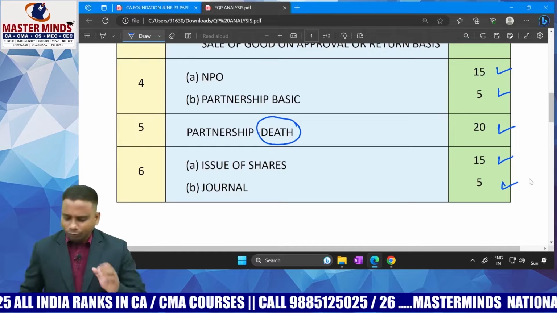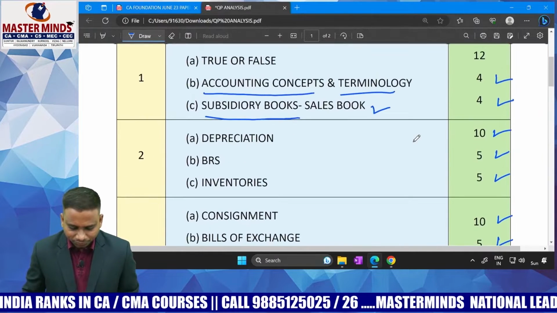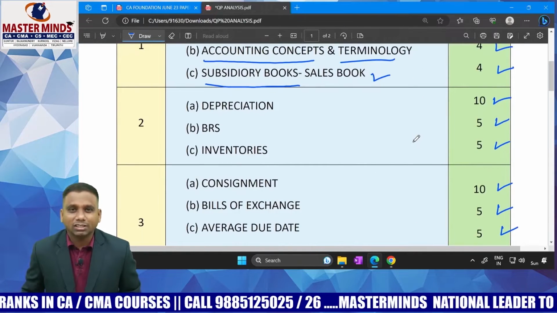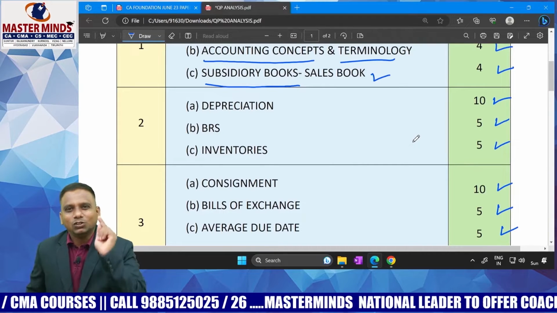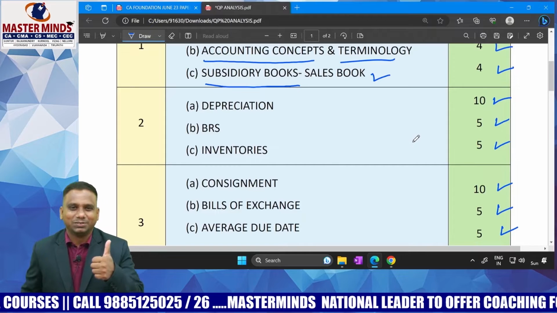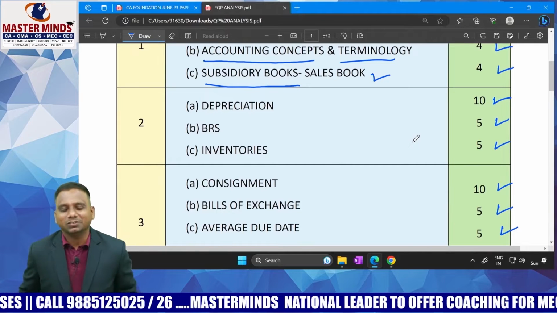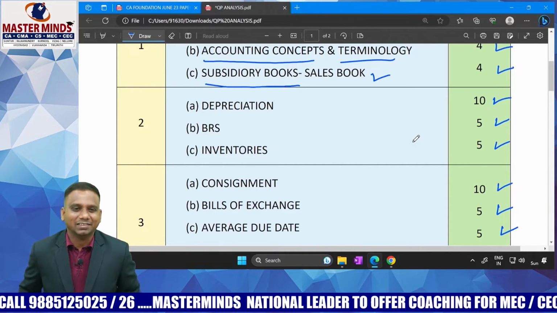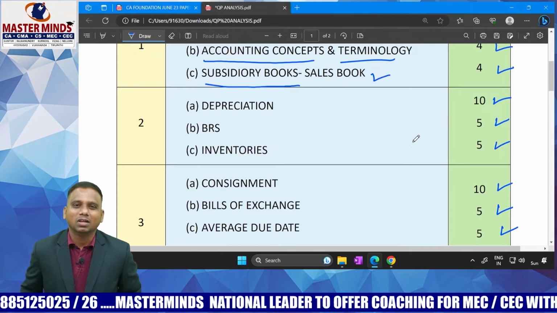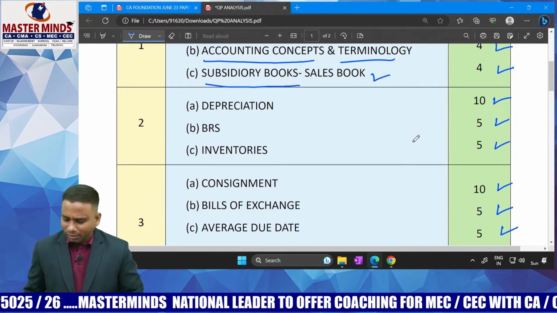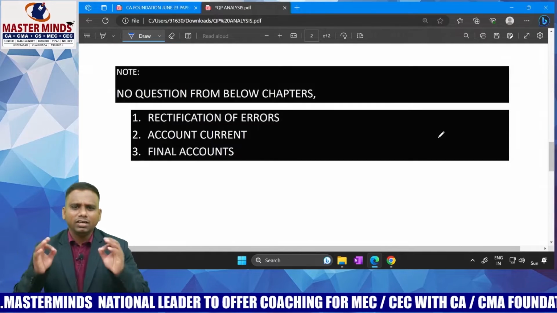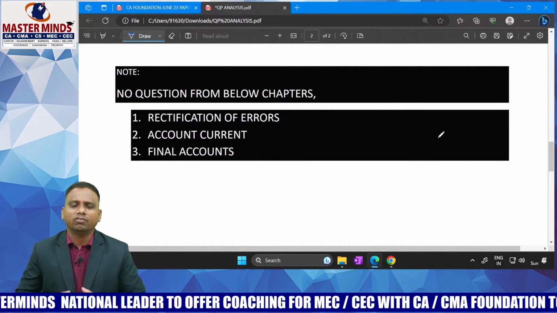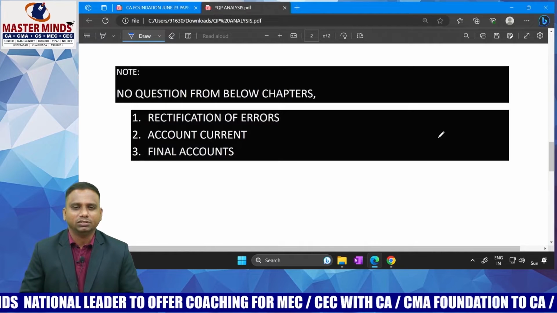So if you observe this statement, you will be surprised. What is that surprise? There is no question from final accounts, there is no question from rectification of errors, and there is no question from account current also. But in each and every attempt they have given a question from final accounts, but this attempt they missed it.